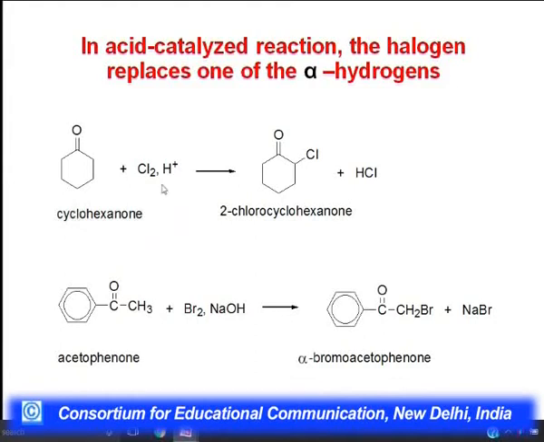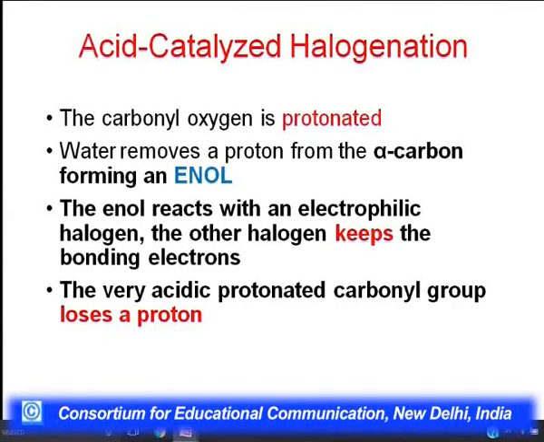This is what we observe here. When we do the reaction in acidic medium, only one hydrogen has been replaced. And when we do the reaction of cyclohexanone, what we get here is 2-chlorocyclohexanone.